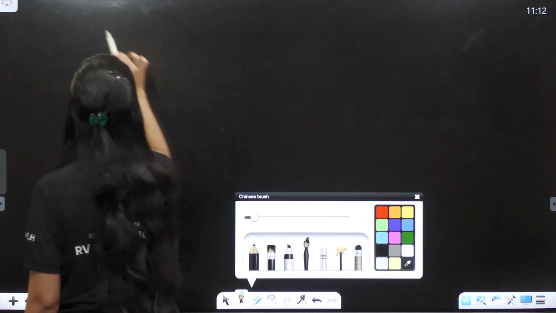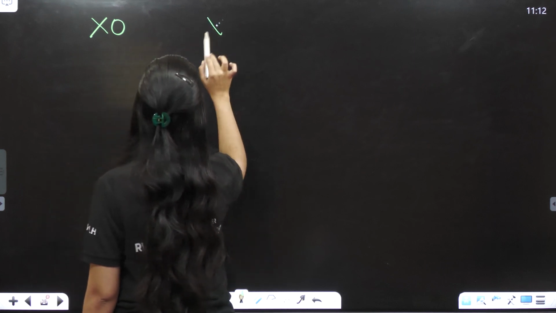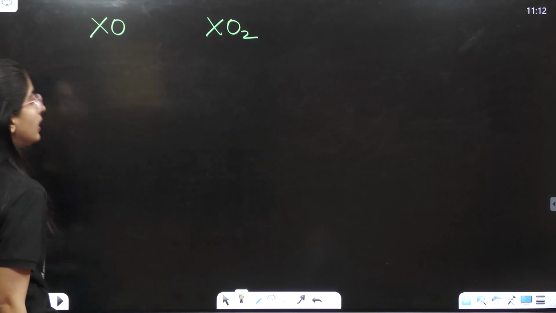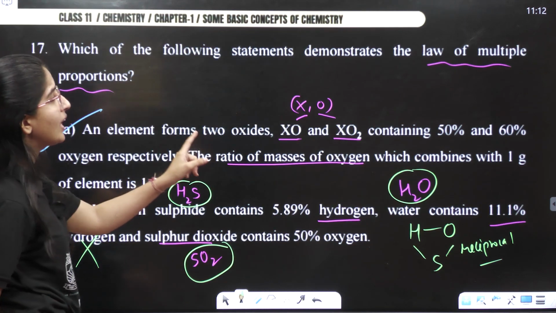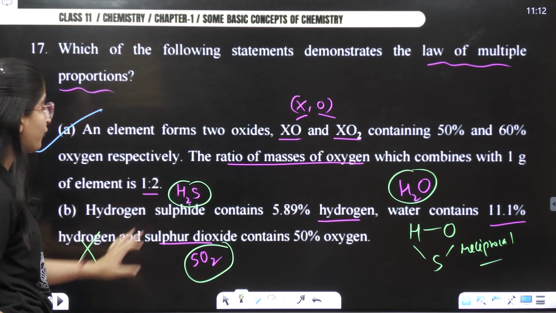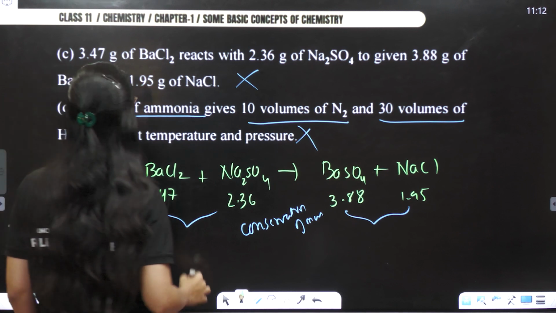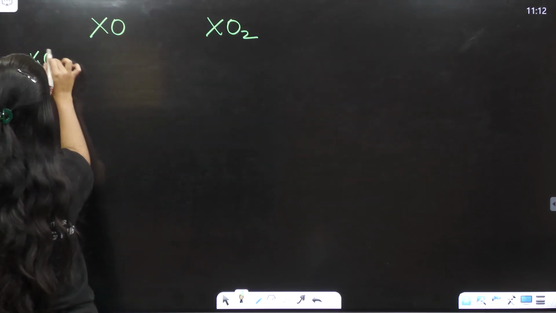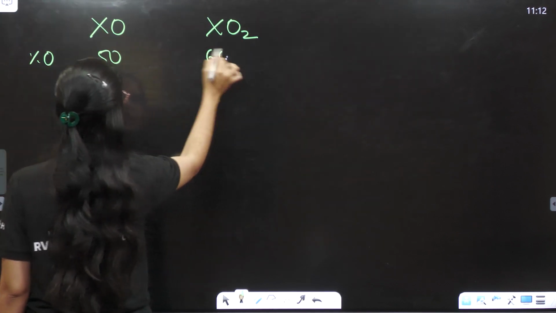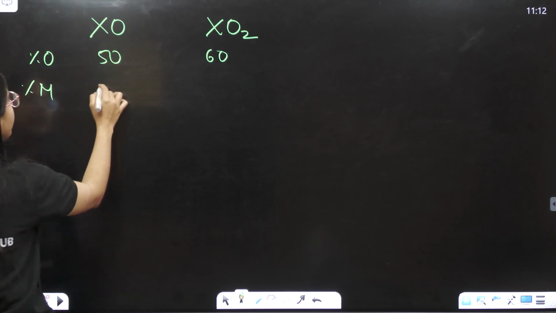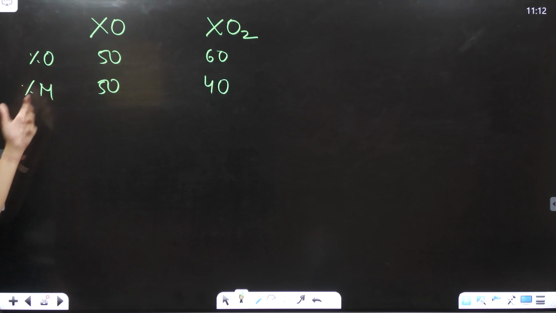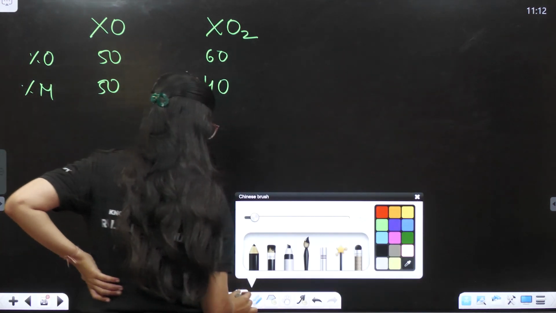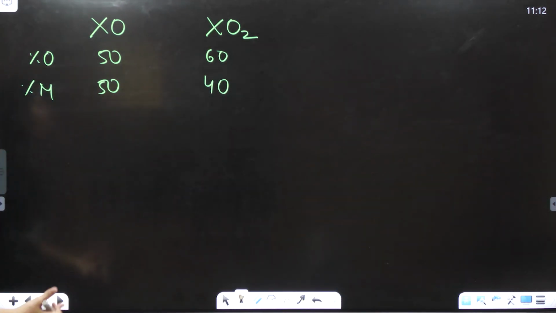So now see here, what you have been given? You have been given XO and XO2 here. Correct? Now they have also given you the percentage of oxygen present, 50 and 60 percent. So if you calculate the percentage of metal, here it will be 50 and here 40. Now let me take this particular equation and calculate the X value.